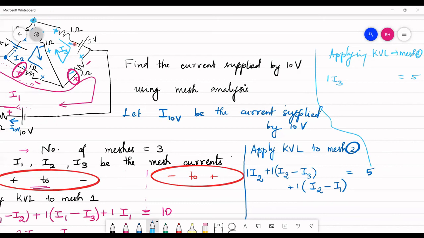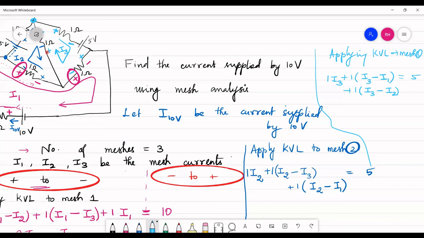I travel from plus to minus, so 1 into I3. I travel from minus to plus and I see 5 volt. And then I travel from plus to minus, and the voltage drop here is due to two currents. So I write it as 1 into I3 minus I1, plus 1 into, again I3 and I2 are flowing in the opposite direction in this resistor, so I write I3 minus I2, is equal to 5.